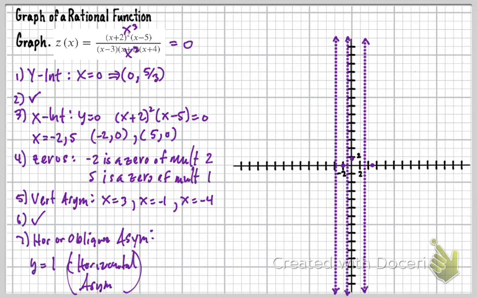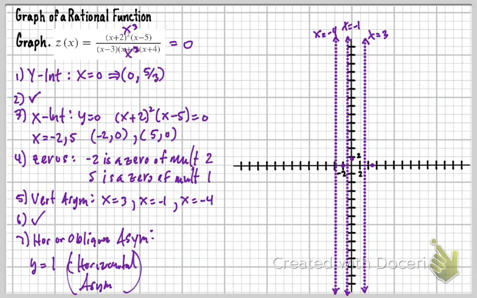So those are the asymptotes. This one's x equals -1. This one over here is x equals 3. And this one on the other side is x equals -4. So those are 3 asymptotes there. And I tried to do dotted lines there so you could see that.